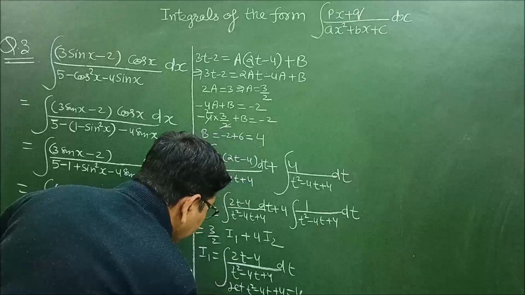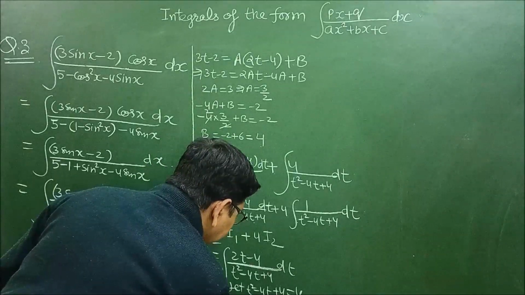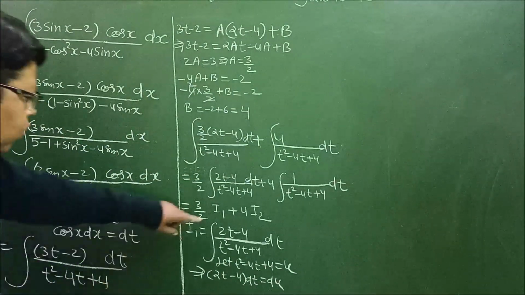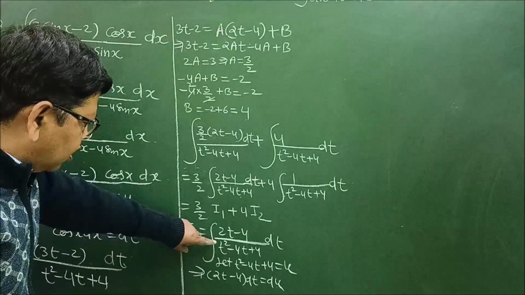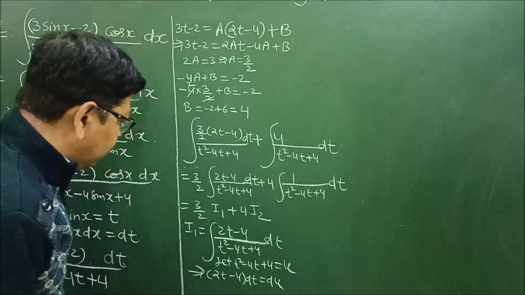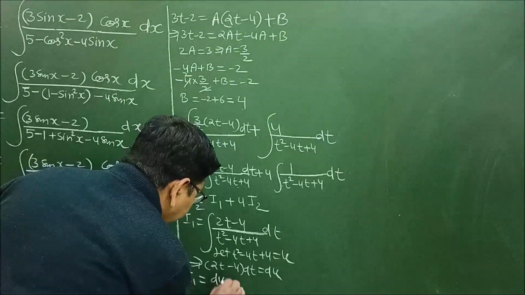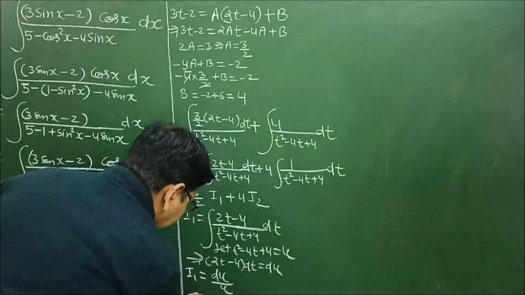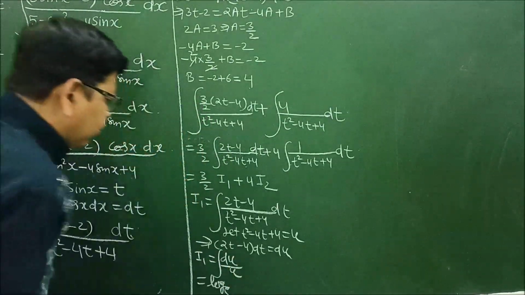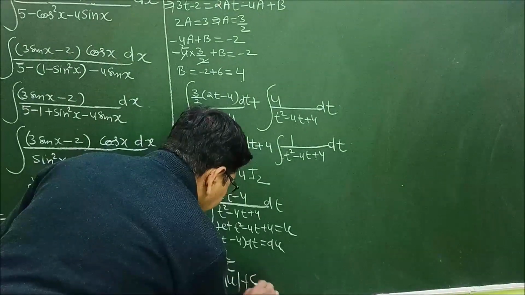On differentiating both sides, 2t minus 4 dt is equal to du. So 2t minus 4 dt upon t square minus 4t plus 4 will be replaced by du upon u. So I1 is equal to the integral of du upon u. So this integral reduces to log mod u plus c1.